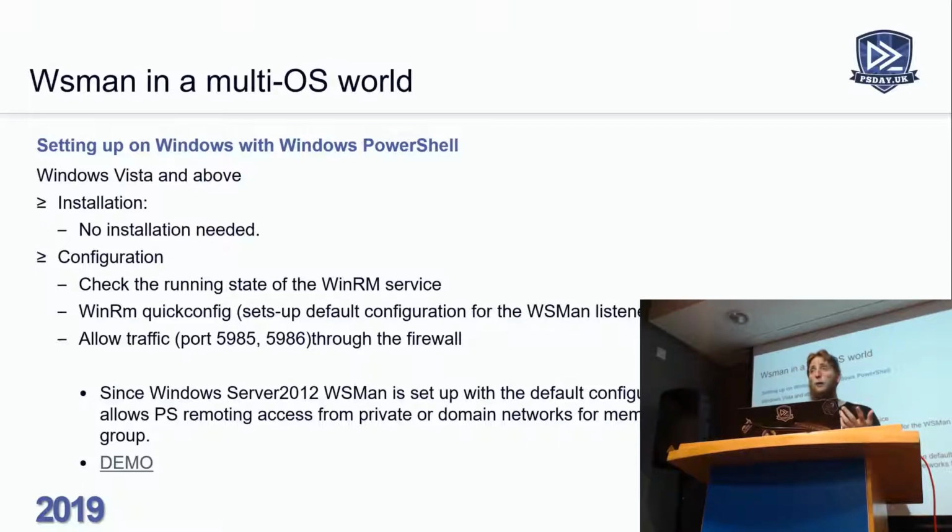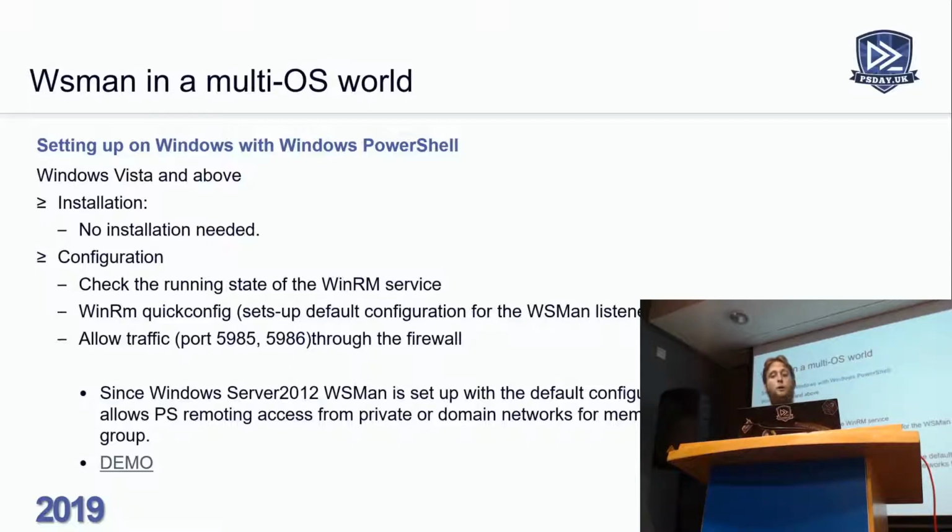The firewall has to be opened up for port 5985 by default if you're going through normal HTTP transport. If you have the necessity to use HTTPS, you also have to set up port 5986. Both can be changed if you need to.